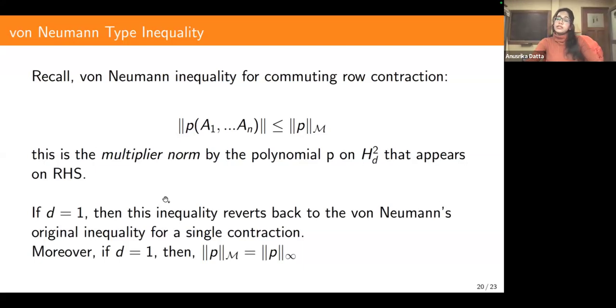And for d equals 1, the one variable case, it reverts back to the actual von Neumann inequality, because for d equals 1, the multiplier norm and the sup norm are the same. We have seen that in the example that I gave at the very beginning.